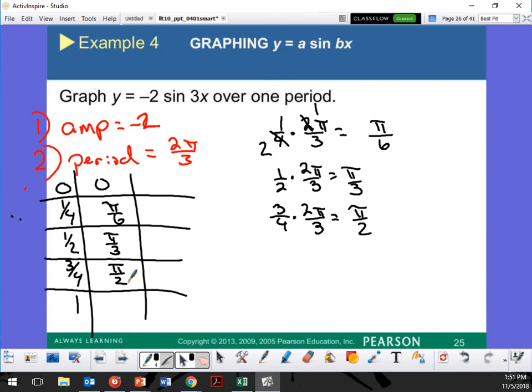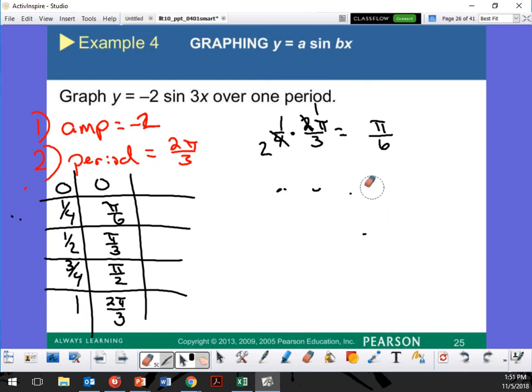And 1 would be 2 pi over 3. There we go. Hopefully this is getting easier as we do it.